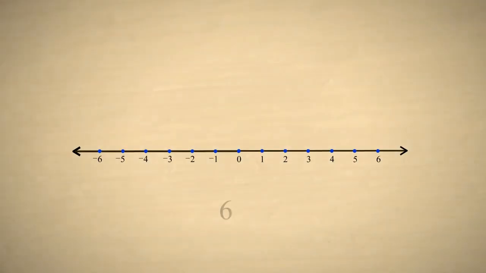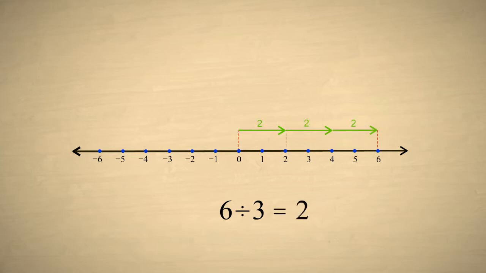Take, for example, 6 divided by 3. One way to interpret this is that we are to divide 6 into 3 equal pieces. Each piece will end up having a length of 2. A second and equally legitimate way to interpret 6 divided by 3 is that we are asking how many times 3 fits into 6.